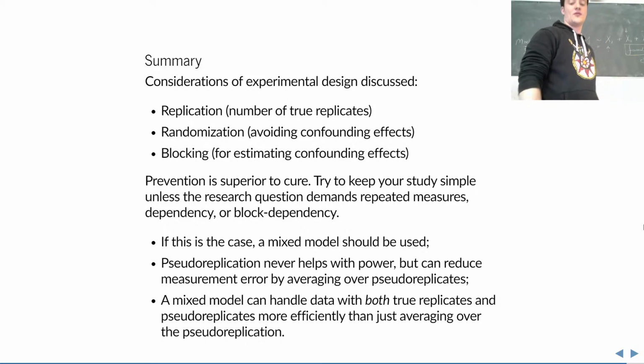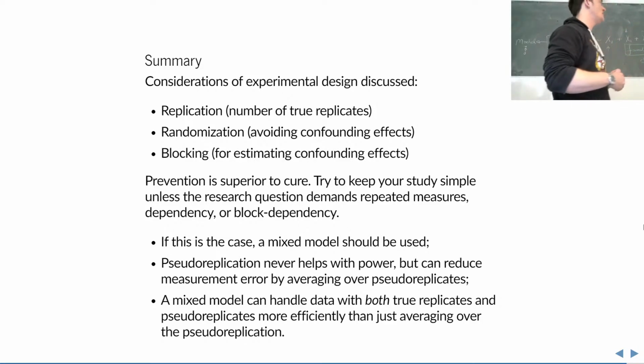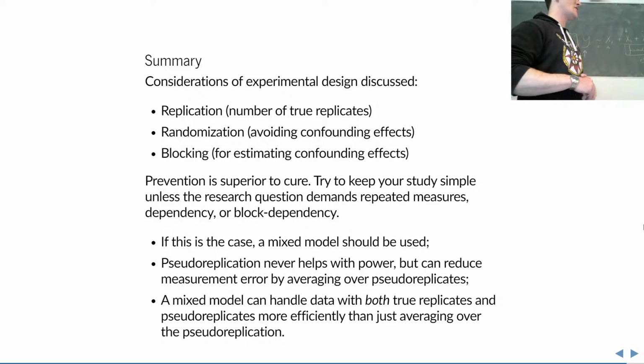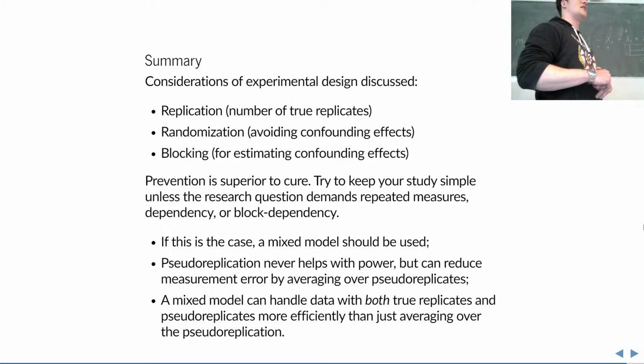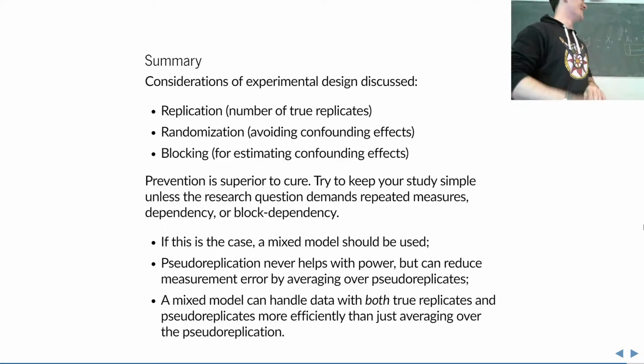And then a mixed model can handle data with both true replicates and pseudo-replicates more efficiently than if you would just take the average of your pseudo-replicates. Yeah, so it's a very powerful model, the mixed model. And we see it a lot in biology and in clinical science. So it is very useful if you're just aware of what it is and when you need it. After this course, that's the most important. And during this course, it's up to the boss what you should remember.